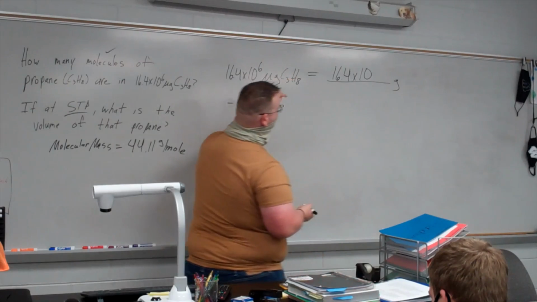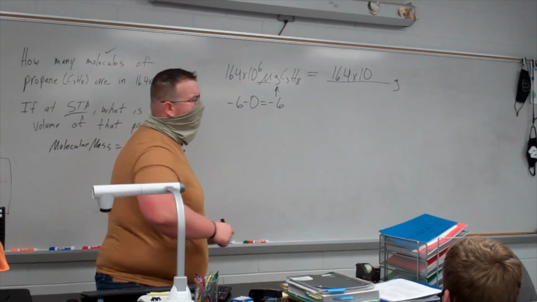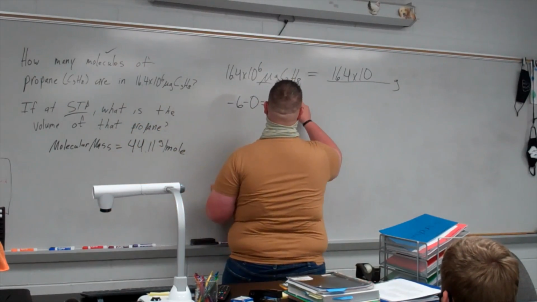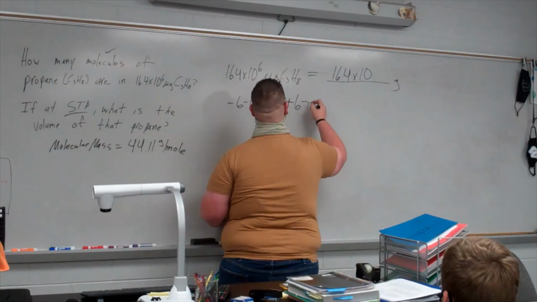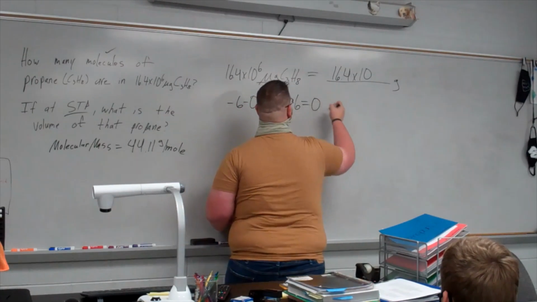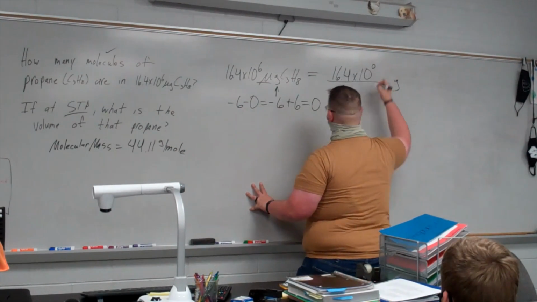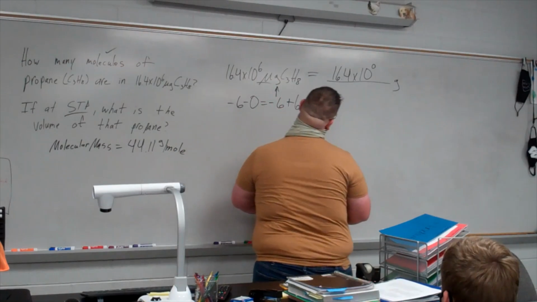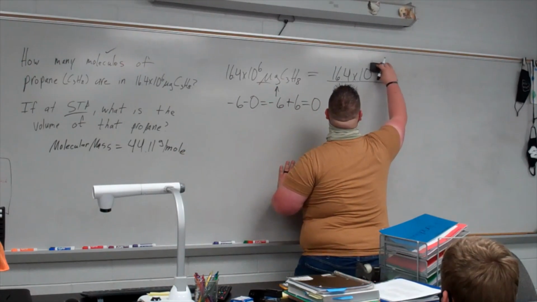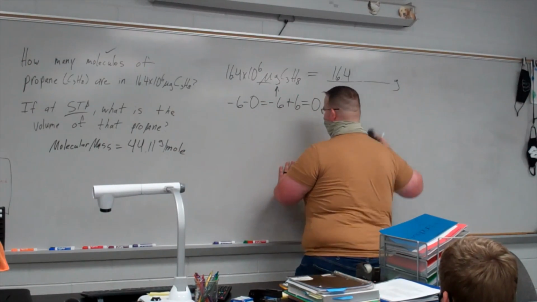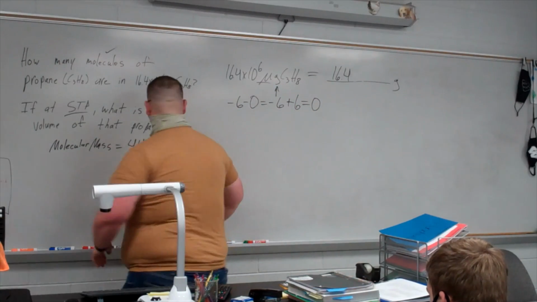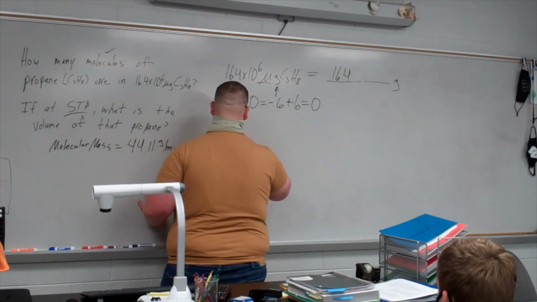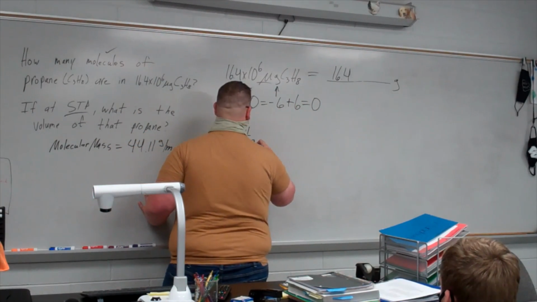There's nothing here with the grams. There's no exponent, so I don't multiply anything, but I do add what I originally start with, which is 6. Negative 6 plus 6 is 0. 10 to the 0 power. And anything to the 0 power is 1. So it's just 16.4. So I set my problem up, 16.4 grams of propane.